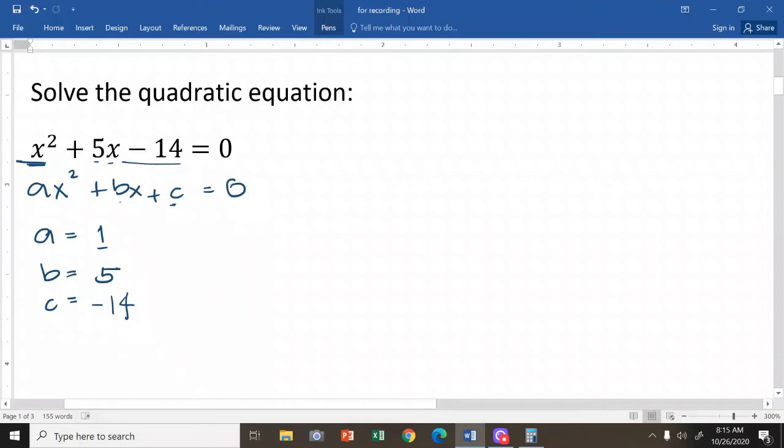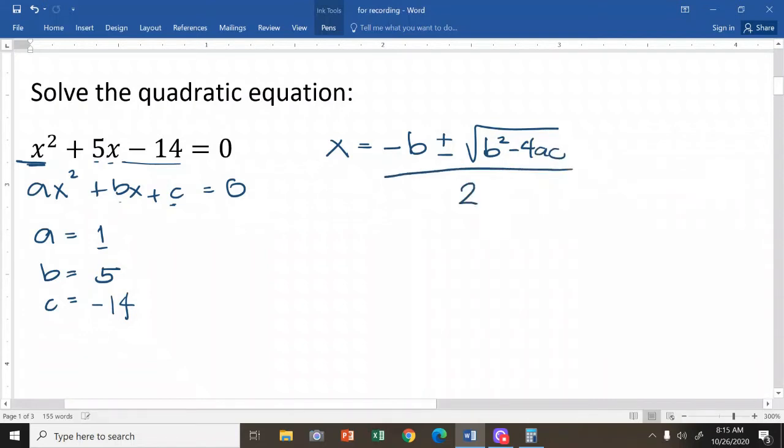Para i-solve to, gagamitin natin yung ating quadratic formula. That is x is equal to negative b plus minus square root of b squared minus 4ac over 2a. Mag-ingat kayo kasi itong over 2a dapat hanggang dito sa negative b kasi dito nagkakamali. So substitute lang natin. Anong value ng b natin?